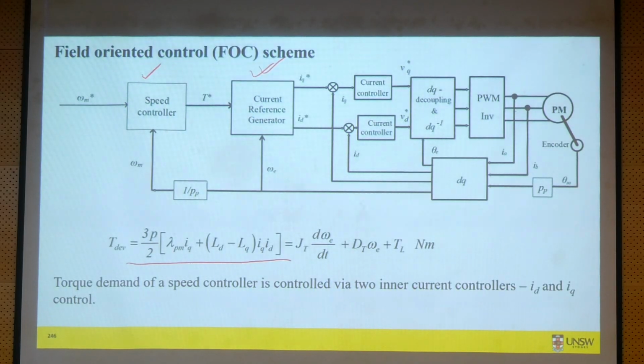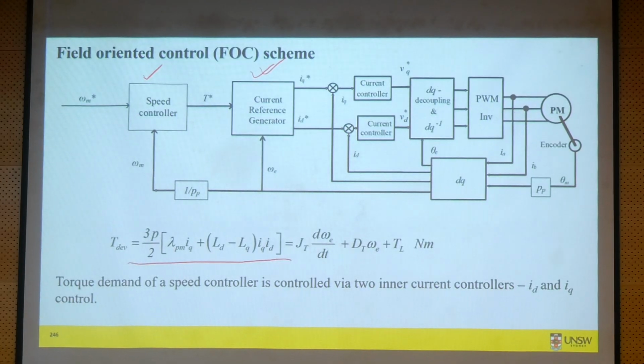The transformation, right? You have gone through the transformation as well. What's the advantage of the transformation, I think you have learned. The DQ transformation and the inverse DQ transformation are part and parcel of your FOC. That's why these transformations are matrices.